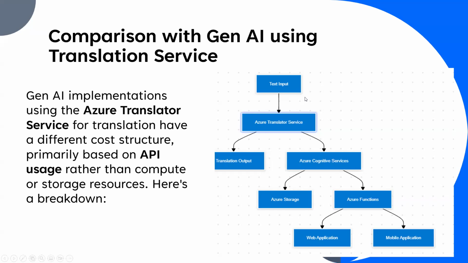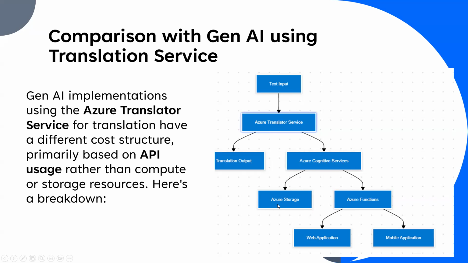So just to give you a quick overview of the translation service: text input, and then as Azure translation service, you just use the text input and get the translation output, or you could further input it into other Azure Cognitive Services and then store.